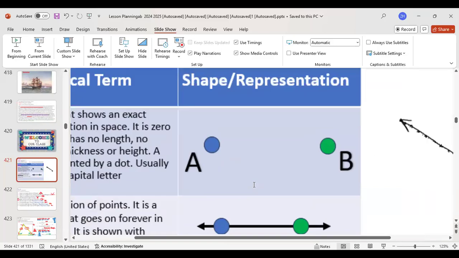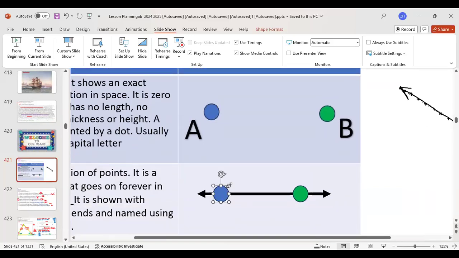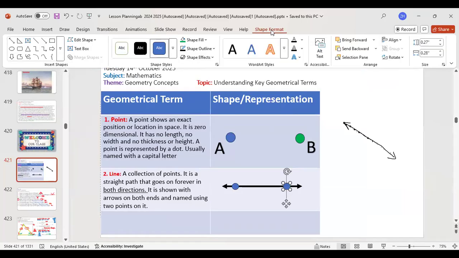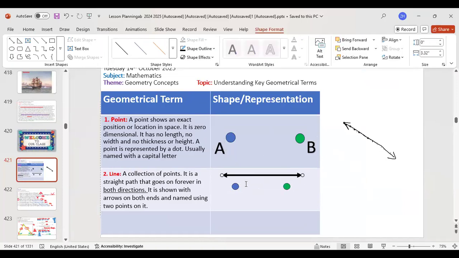I don't want to make this so big, so let's put this a little smaller, and they're going to be the same size. It shows that there are more points, but these are just the points that we use to label it. So we're going to call this line AB. We put this on top here. Line AB.